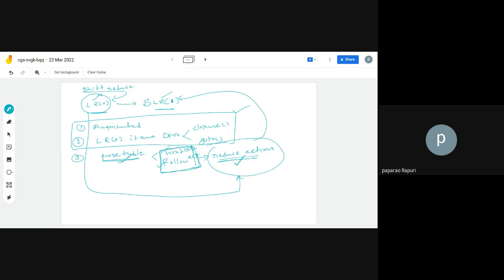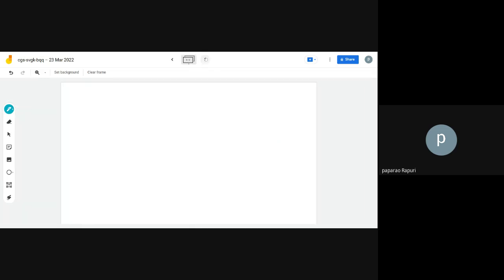So before constructing the SLR1 parse table, we have to know what the first set and follow set are, and how to find them with some rules.